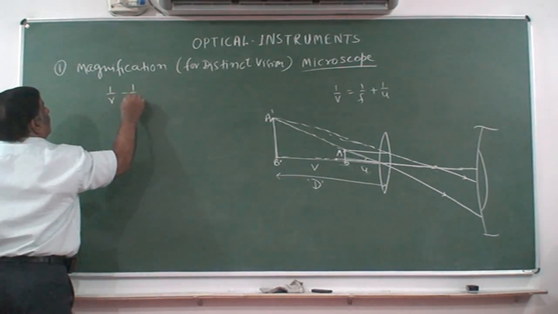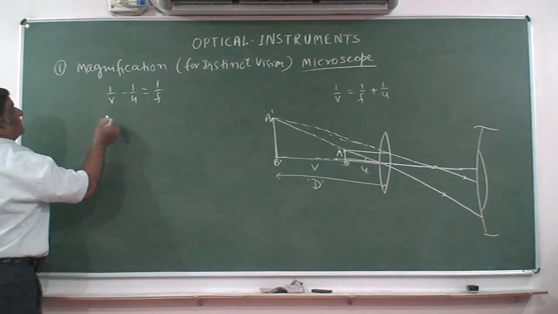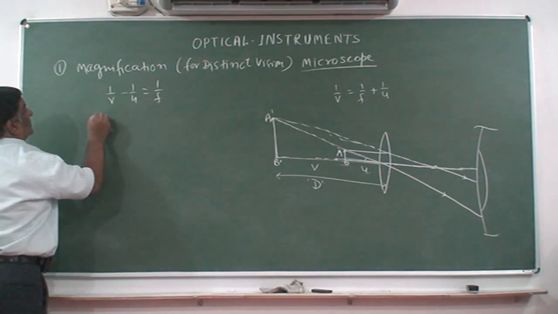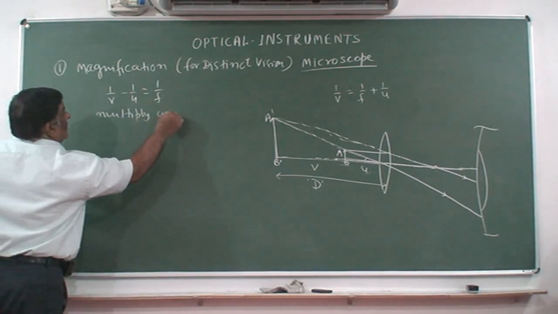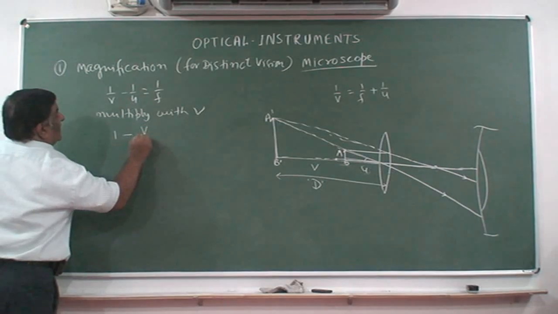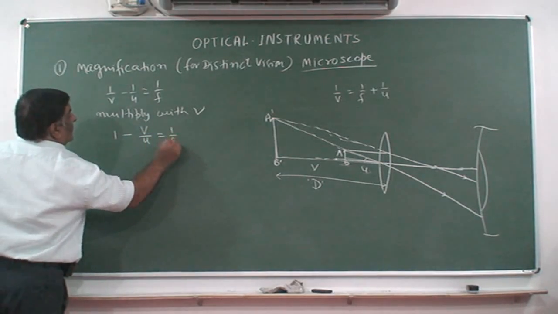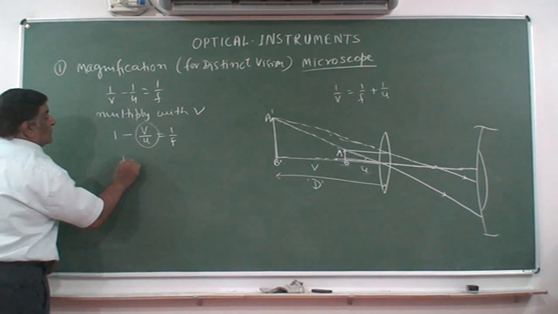1 upon V minus 1 upon U is equal to 1 upon F. Multiply both sides with V. This will be 1 minus V upon U is equal to V upon F. And this V upon U is what? Magnification.